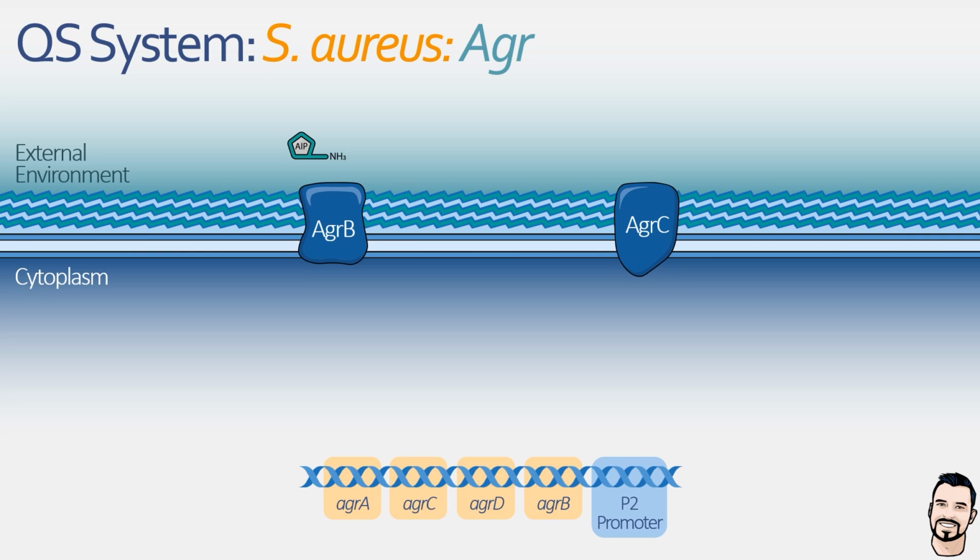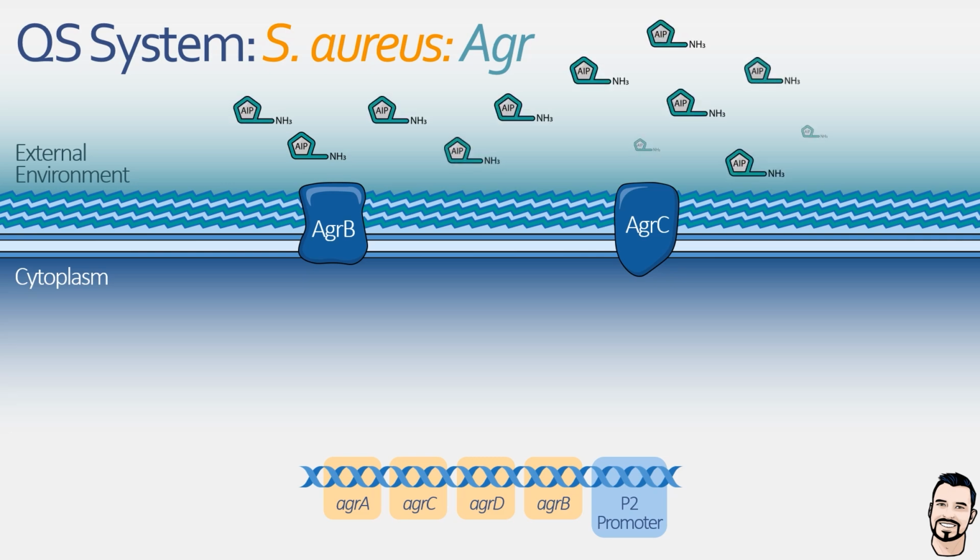However, as cell density increases, so does the accumulation of our autoinducing peptide molecules in the extracellular space. Therefore, at high concentrations of cells, the autoinducing peptide will start to accumulate, and once this minimum activation threshold is met, the autoinducing peptide molecules will begin to interact with AGRC, which, if we remember, is our membrane-bound histidine kinase enzyme.